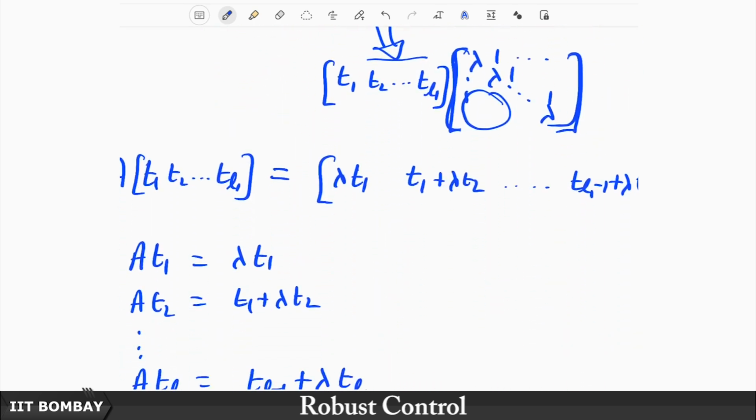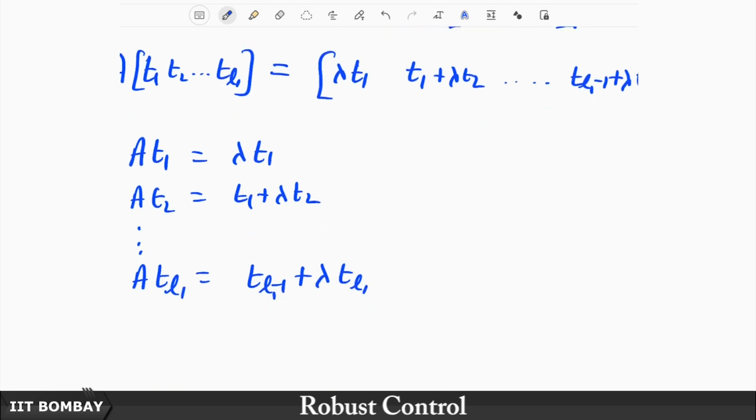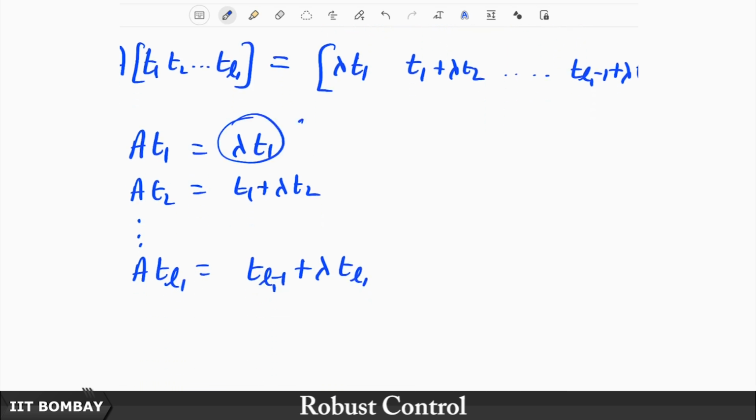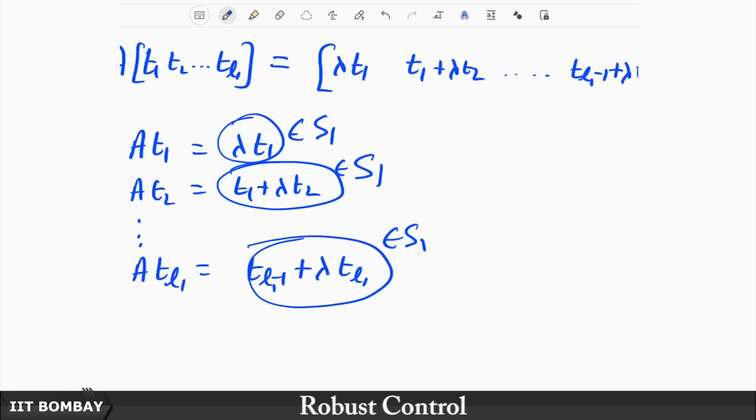And once I figured out that no matter which element you pick from this basis, once A acts on this element, it sends it to an element in the same subspace. Look, this belongs to S1, this also belongs to S1, each one of these belongs to S1.